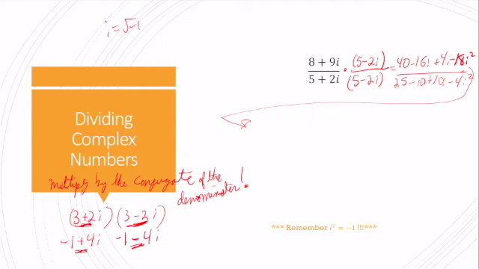That gives me 40 minus 12i minus 18i squared, which is times negative 1, over 25 minus 4 times i squared, which is negative 1. That's going to leave me with 58. This is a 45, not a 4.